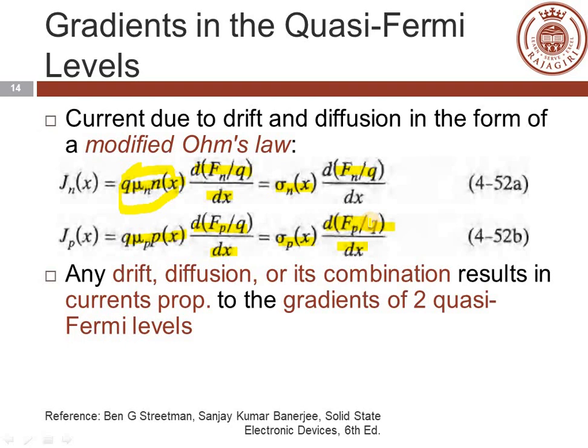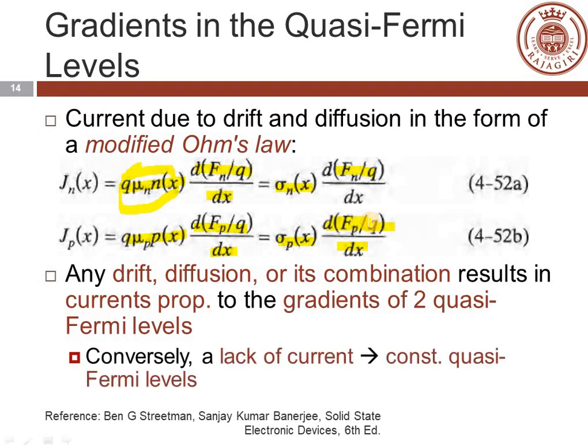Because in our device, the total current I will be equal to In of x plus Ip of x. Conversely, if there is a lack of current, that means we have a constant Quasi-Fermi level. If you are in the equilibrium state, there is no current flow, so we don't have any gradients. For the equilibrium value, Jn of x and Jp of x are 0. That means the gradients of Fn and Fp are 0.